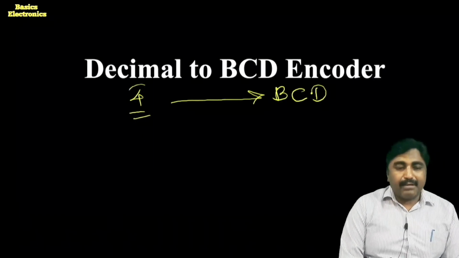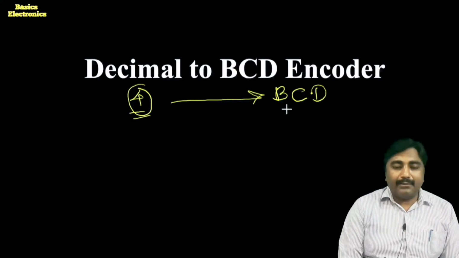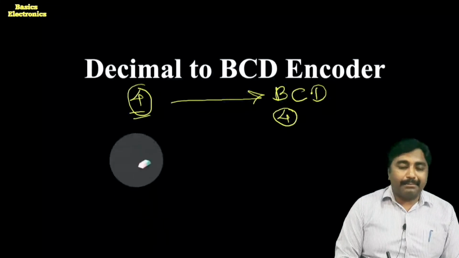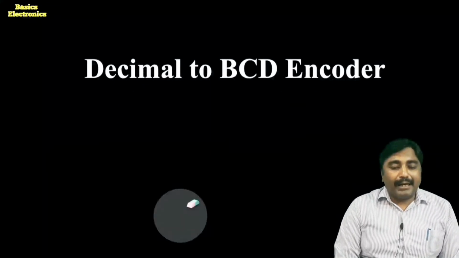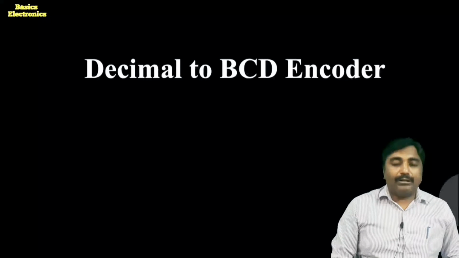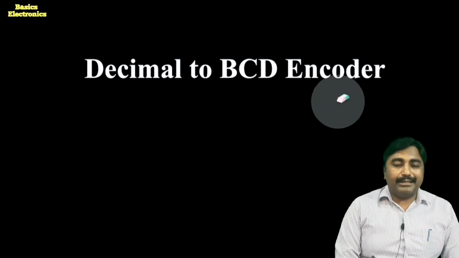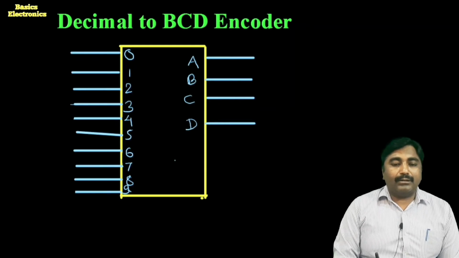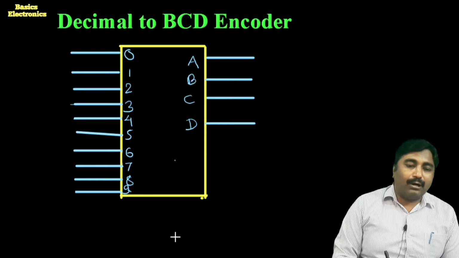It converts the decimal input into a BCD having 4 binary bits. Before going towards the logical diagram of this encoder, we have to see what type of symbol we can use.